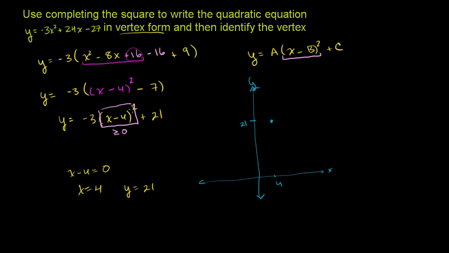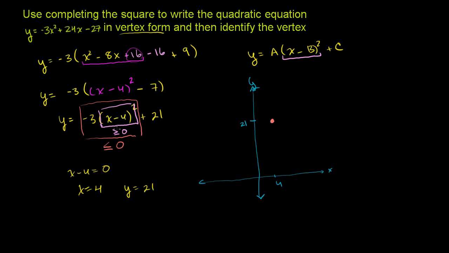But when you take a non-negative number and then you multiply it by negative 3, that guarantees that this whole thing is going to be less than or equal to 0. So the highest value that this function can attain is when this expression right here is equal to 0. And this expression is equal to 0 when x is equal to 4 and y is 21. So this is the highest value that the function can attain.